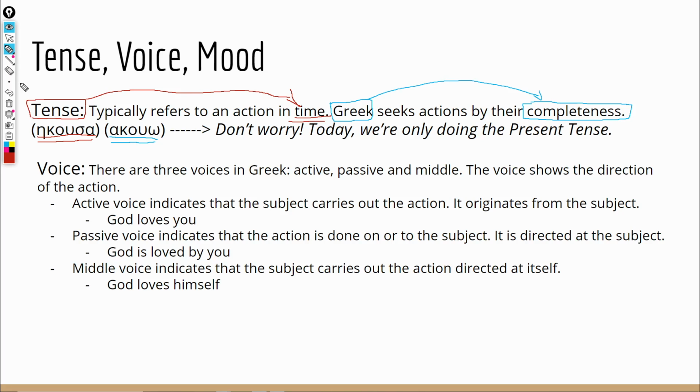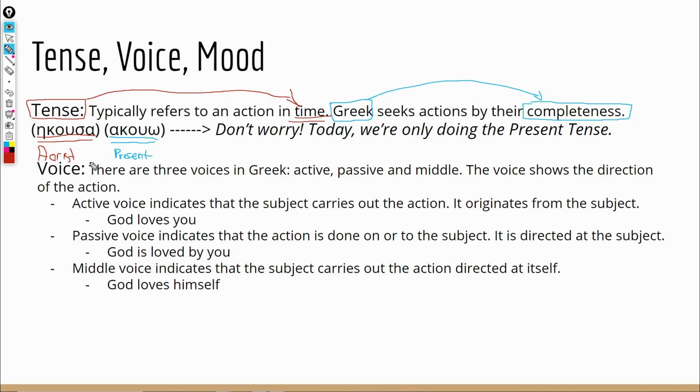So akuo is the present tense, so we can mark that as present, meaning it is currently unfolding, whereas ekusa is in a different tense that we call the aorist.